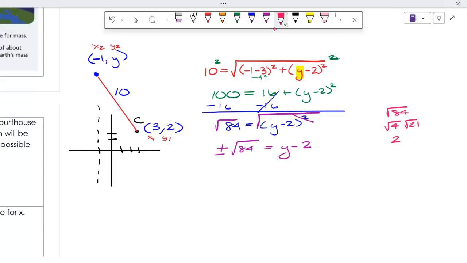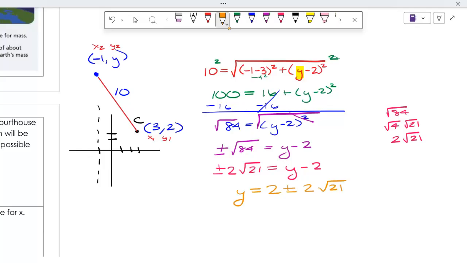So that 4 is 2 square root 21. So this is plus or minus 2 square root 21 is equal to y minus 2. So again, in order to get my final answer here, I just add 2 to both sides. And so that's going to get me y is equal to 2 plus or minus 2 square root 21.